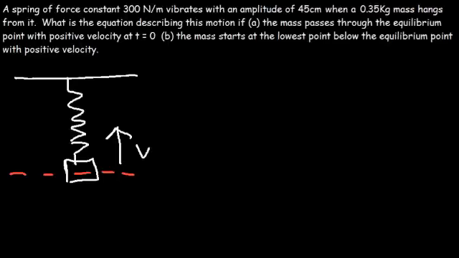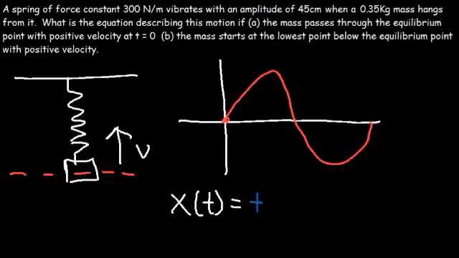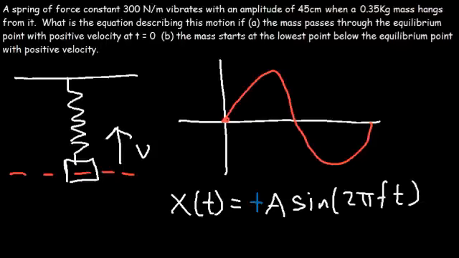That means it's going in the positive y direction. So to graph it, because it's at the equilibrium point, it starts at the center and it's going to go up. This graph is positive sine, so the position function is going to equal positive a sine 2 pi ft. So that's what we have for part A.